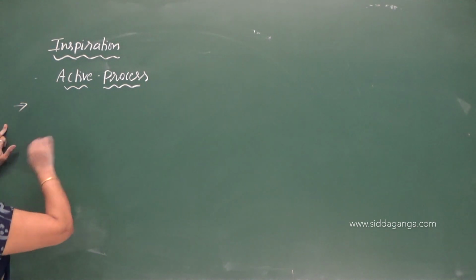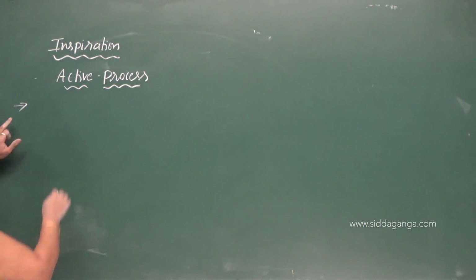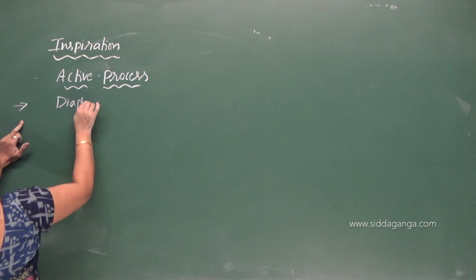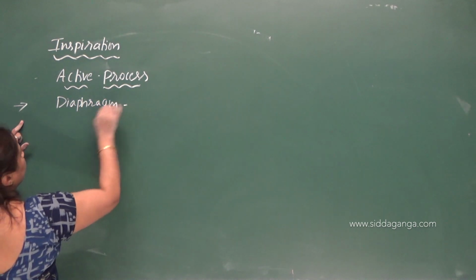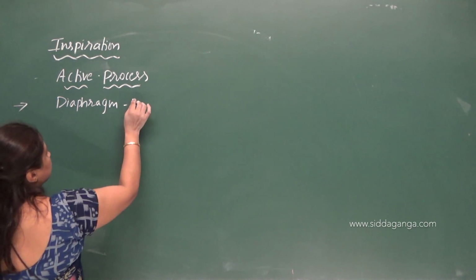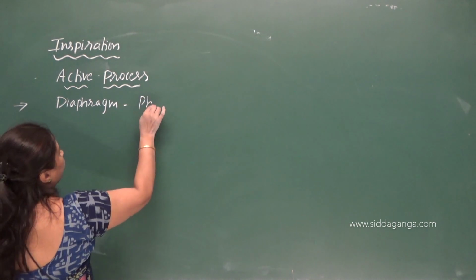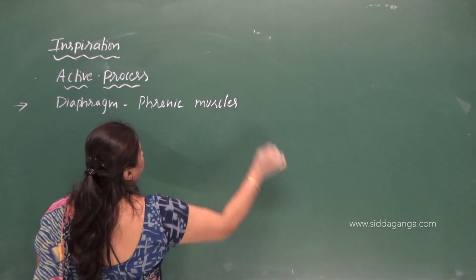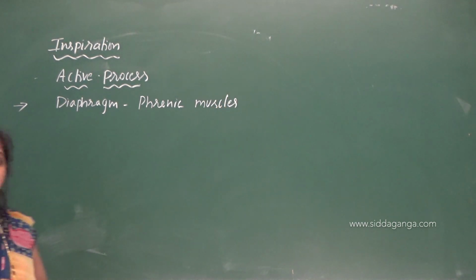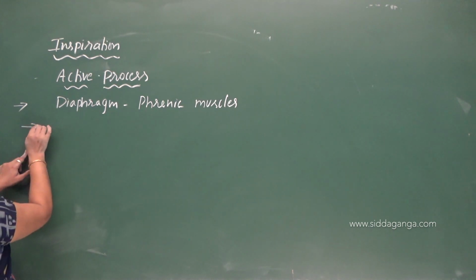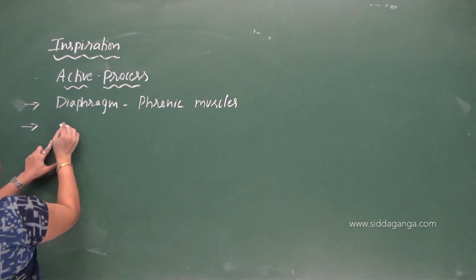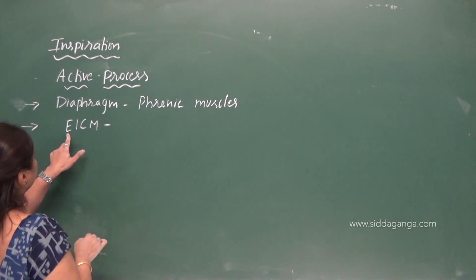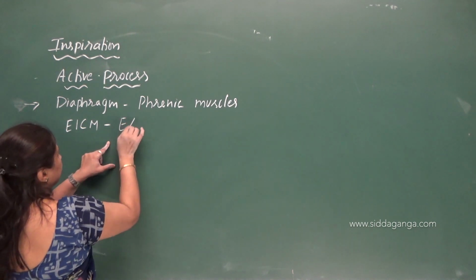Let us see the muscles involved in inspiration. The muscles involved in inspiration are diaphragm muscles. The diaphragm muscles are called phrenic muscles. And one more type of muscles involved in inspiration are external intercostal muscles, EICM.